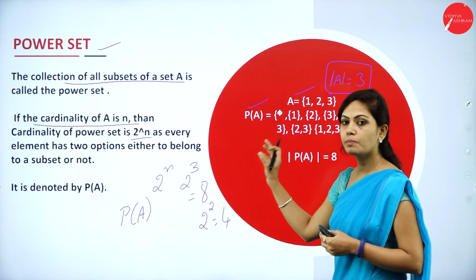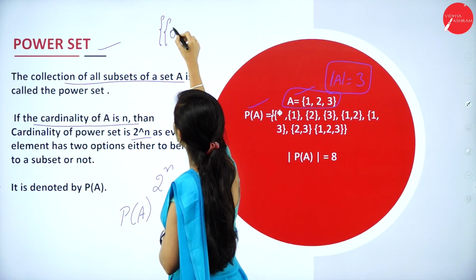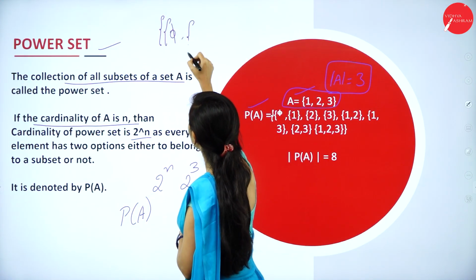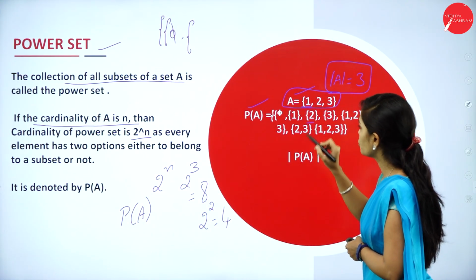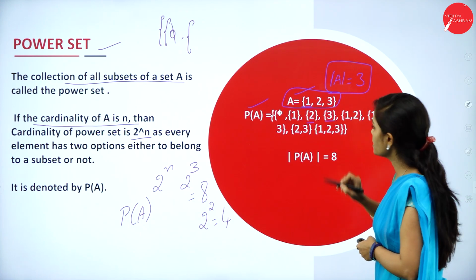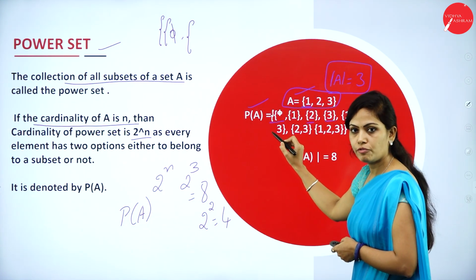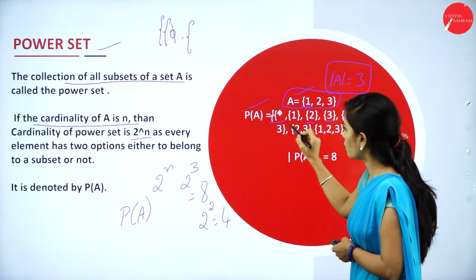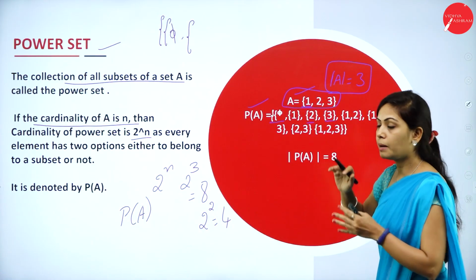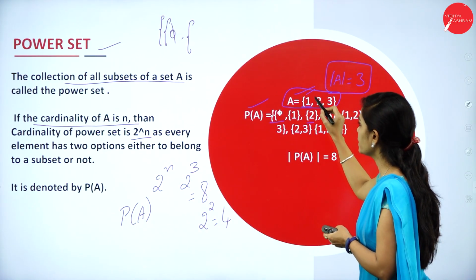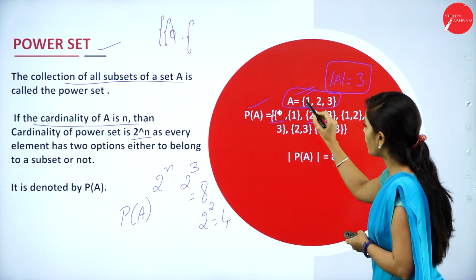So how to write this power set? You have to start with the null set, comma, the first element 1, the second element 2 and the third element 3. Start with the null value inside double curly brackets, then the first, second and third elements. Then compare the first element with the second and third: {1, 2}, {1, 3}.